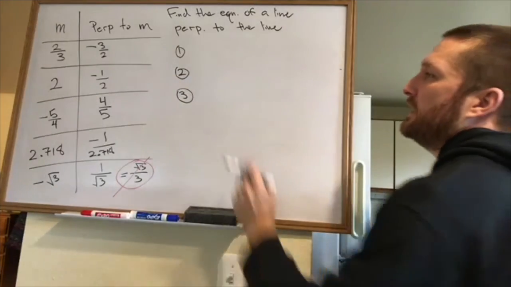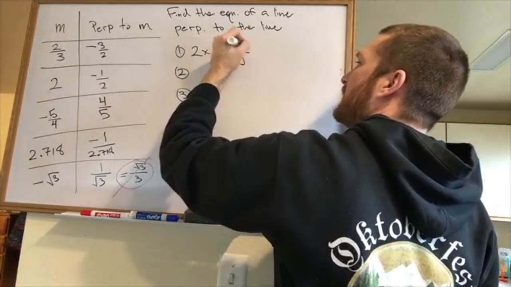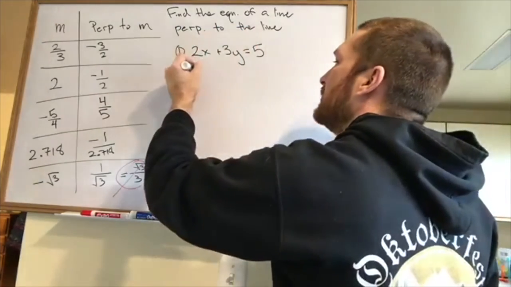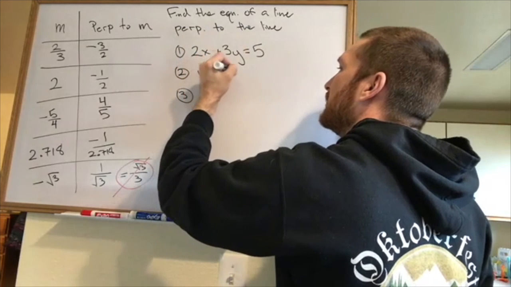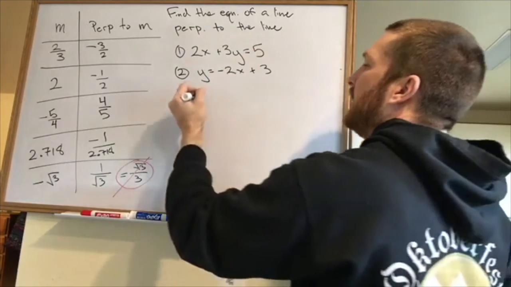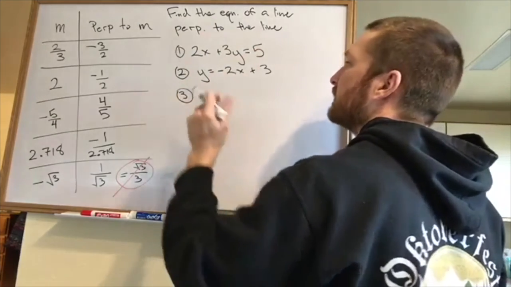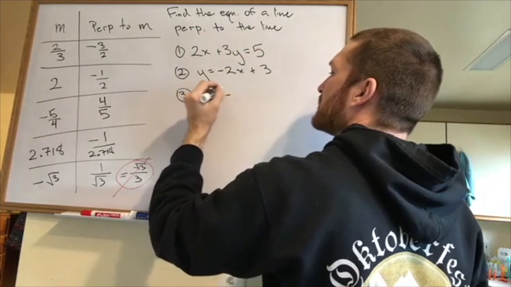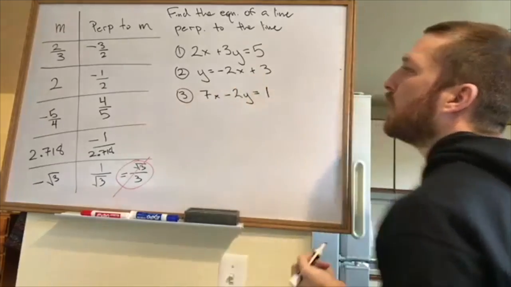Perpendicular to the line. In the first case, it's the line 2x plus 3y equals 5. The next line is going to be, how about y equals -2x plus 3. And the final one is going to be different. How about 7x minus 2y equals 1.